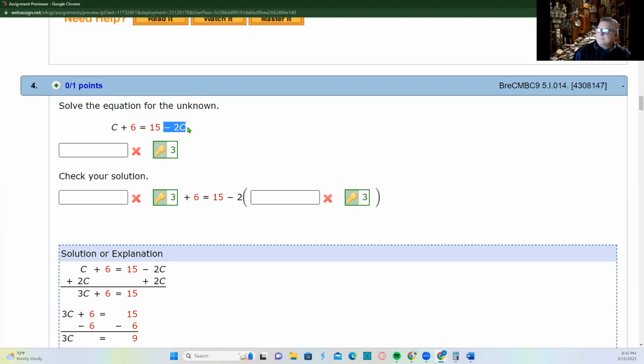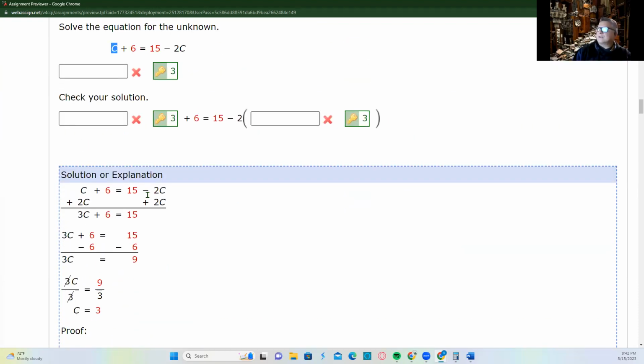If I add 2 belly buttons over here, that cancels out. If I have 2 belly buttons plus 1 belly button, that gives me 3 belly buttons, which is pretty weird to think about. So I'll use something else besides belly buttons. So at this point, I'm going to have, like they did here, 3C plus 6 is equal to 15.